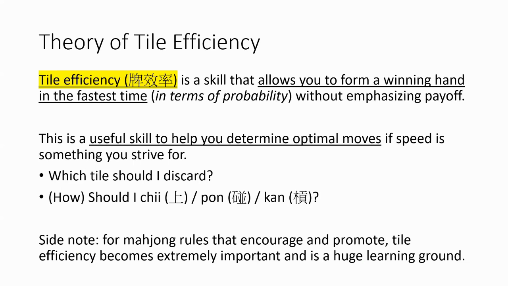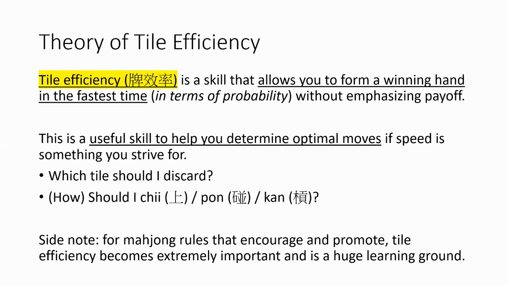Here, we need to emphasize that tile efficiency does not care what the payoff will be, or equivalently what the number of 番數 will be. All we care about is the speed, okay? Therefore, tile efficiency will be very useful if speed is something that you are striving for. By using tile efficiency, it will help you determine several things, like what tile you should discard.